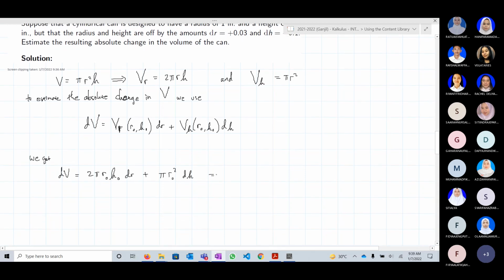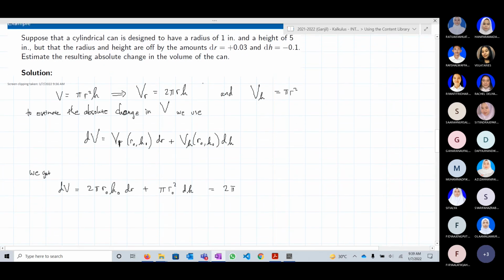which is 2P, R0 is the radius of 1 inch, H0 is 5, and dr is plus 0,03 plus P R0 squared. R0 is 1 squared times dH is minus 0,1.